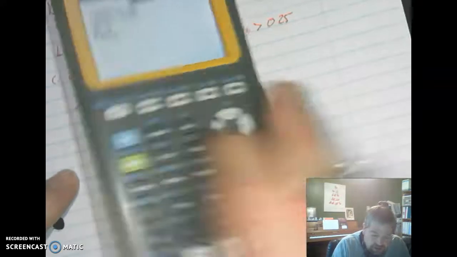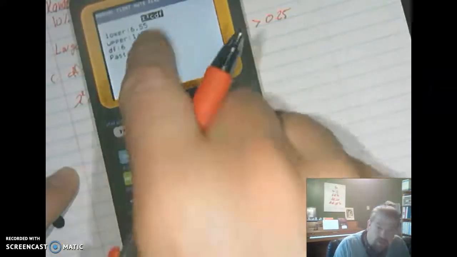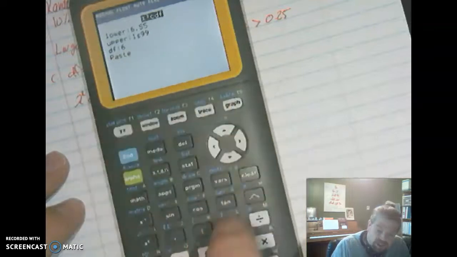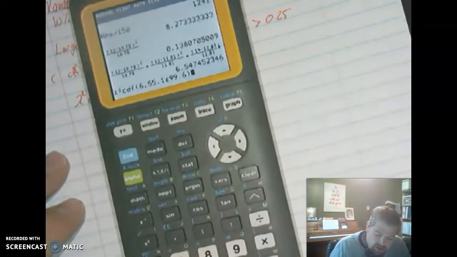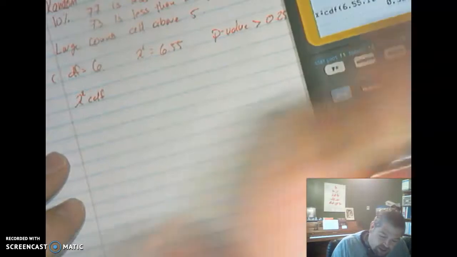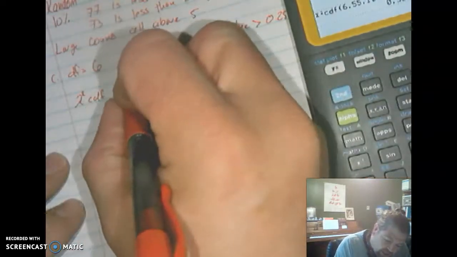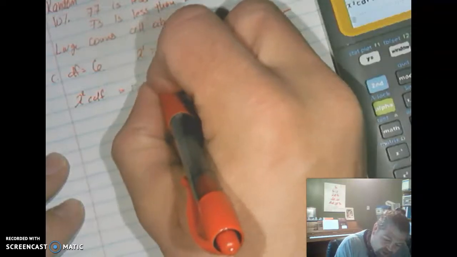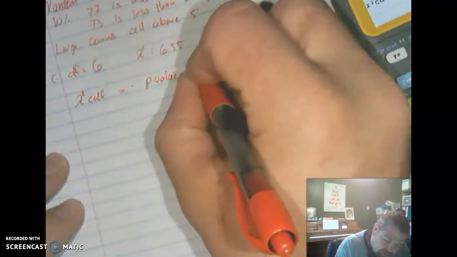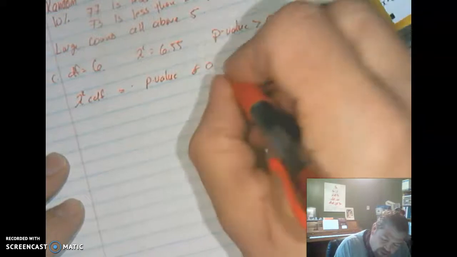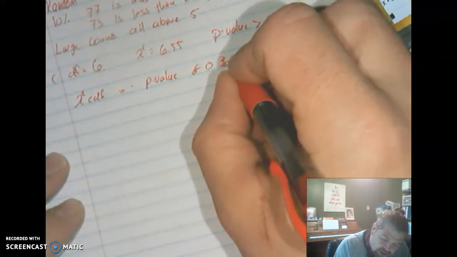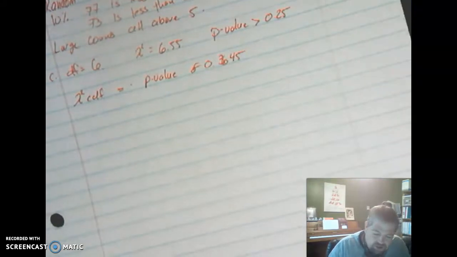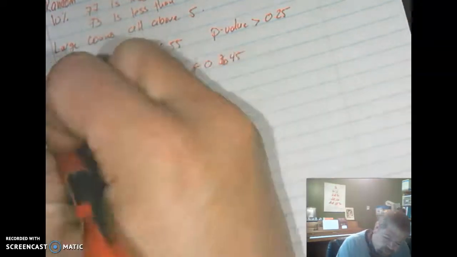So my lower value is 6.55, upper is 1E99. Degrees of freedom was 6. And we get a p-value of 0.3645.